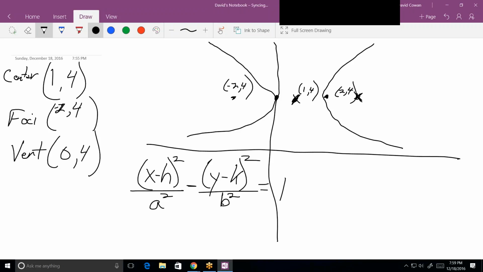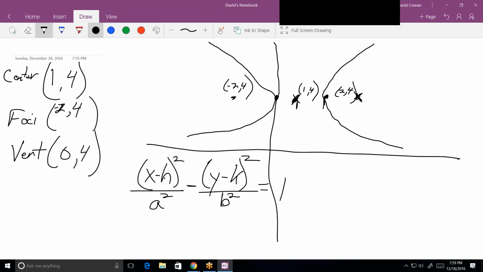The major transverse axis is the line that connects the two vertexes, or you could say the two foci, and A is measured along there. So I know H and K, and I do know A. A is that distance right there. What's that distance?